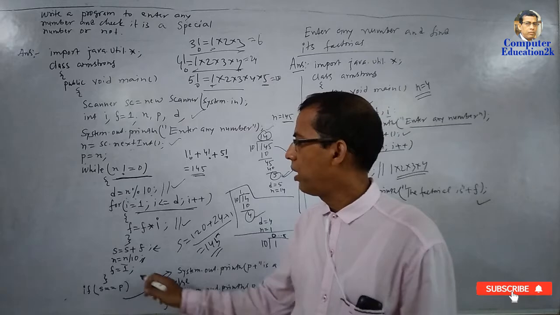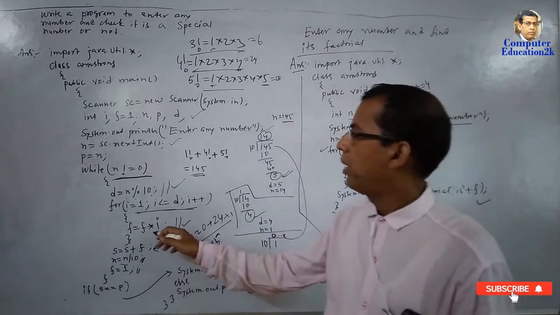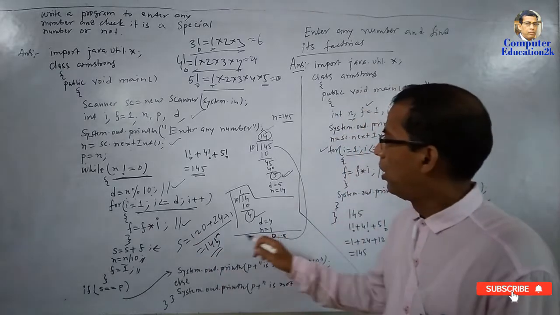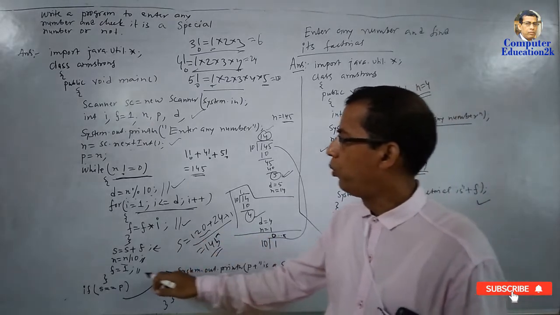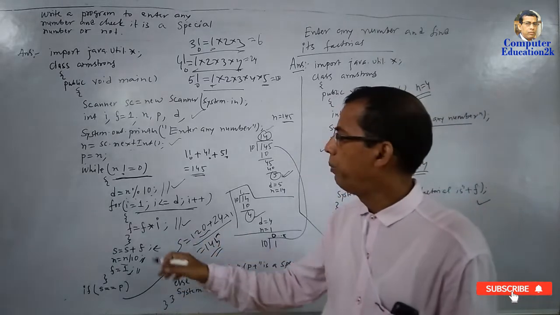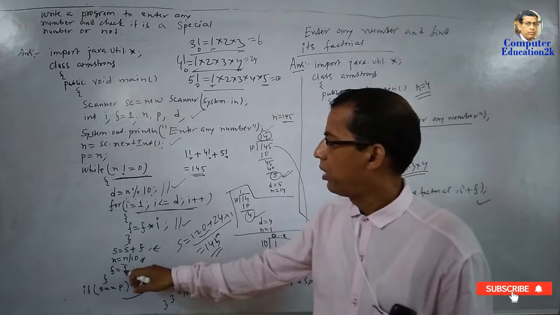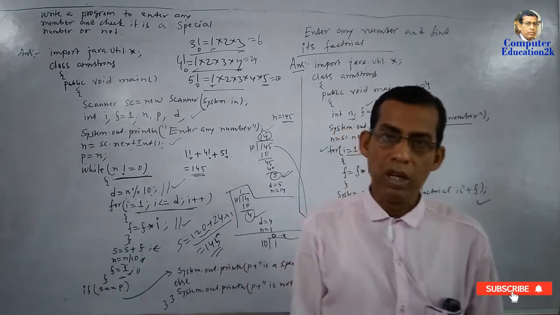But one thing you can see here, I have given S equals to 1. First time the factorial of 5 was 120. If you do not make S equals to 1 here, that 120 will be multiplied here with 24. So for the next digit, you have to make this S equals to 1.